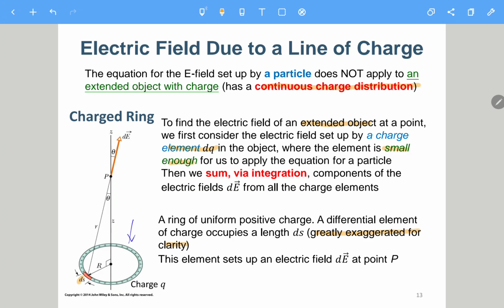But actually, what we really do is cut it into very small segments, so that for every segment we can consider it to be a discrete charge. But if we cut it into infinitely small segments, then there will be an infinitely large amount of discrete charges.